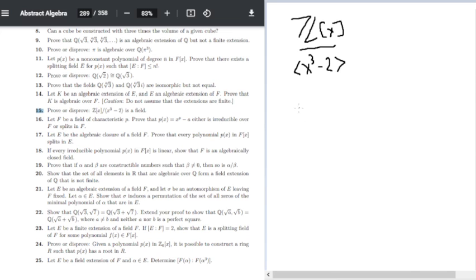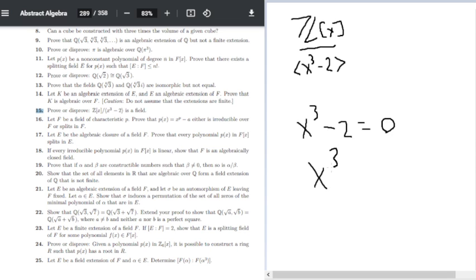Okay, how does x cubed minus 2 work? So we have x cubed minus 2 is equal to 0.